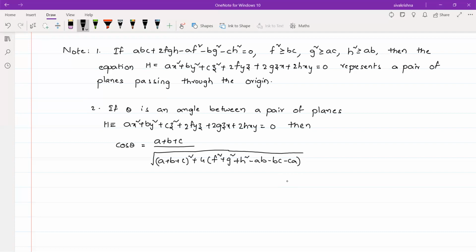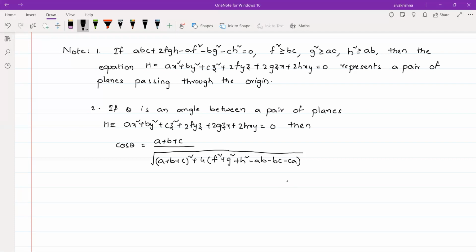This is the formula to find the angle between the pair of planes involved in that equation. Based on these two note points, now I am going to do a problem. Once again, coming to the first point, we are given an equation of the form h, and we have to check whether it represents a pair of planes or not. We have to verify the conditions: abc plus 2fgh minus af square minus bg square minus ch square is equal to 0.